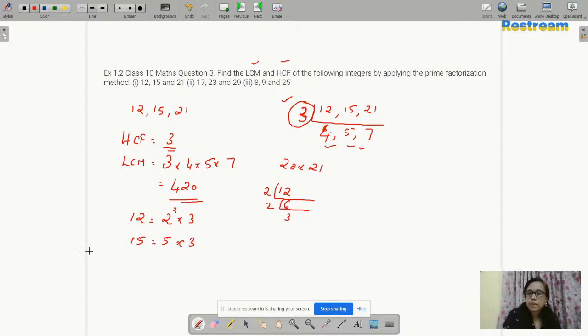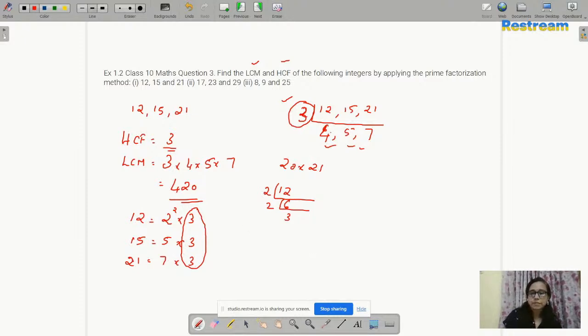Next number is 21. 21 we can write as 7 into 3, right? So what is the common factor here? 3 is the common factor, right? So 12 is equal to 2 square into 3, 15 is equal to 5 into 3, 21 is equal to 7 into 3.